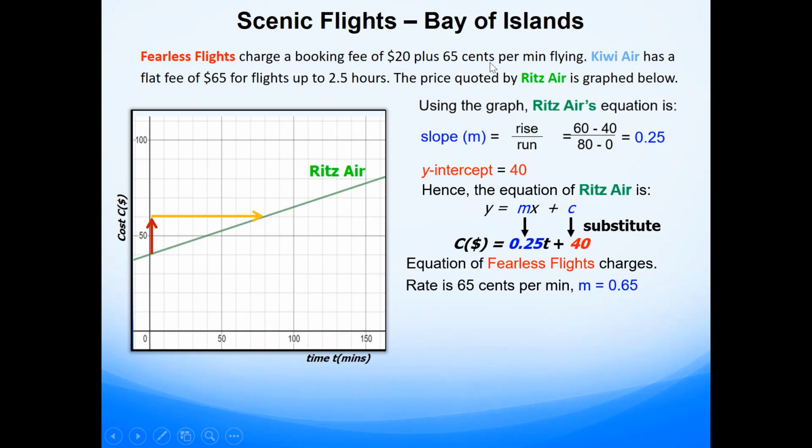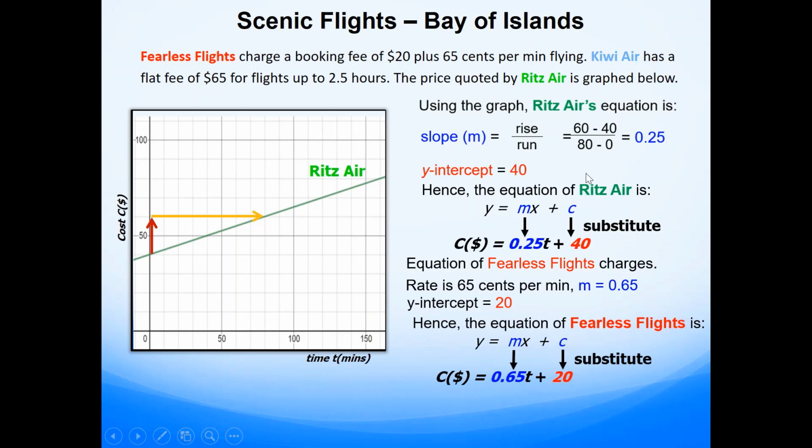Please do make a note that it's in cents, and we are dealing with cost in dollars, so please do change cents to dollars. So in this case it's 0.65, and the booking fee will be the y-intercept value. So the booking fee is $20, and then we'll put this information together, and we end up with the equation for Fearless Flights, which is 0.65t plus 20.